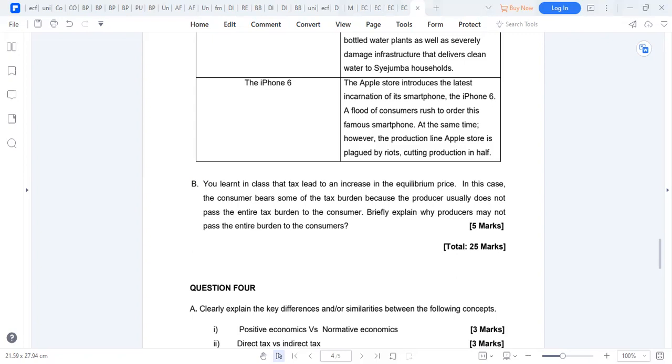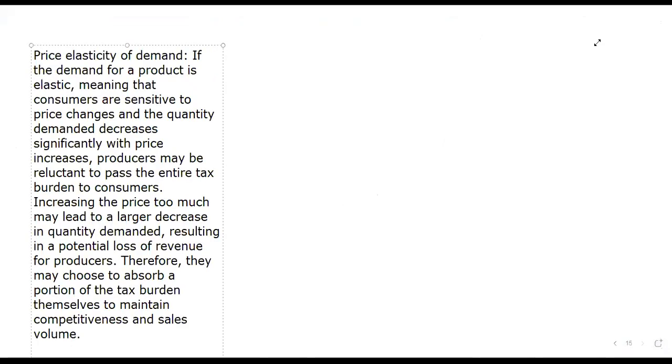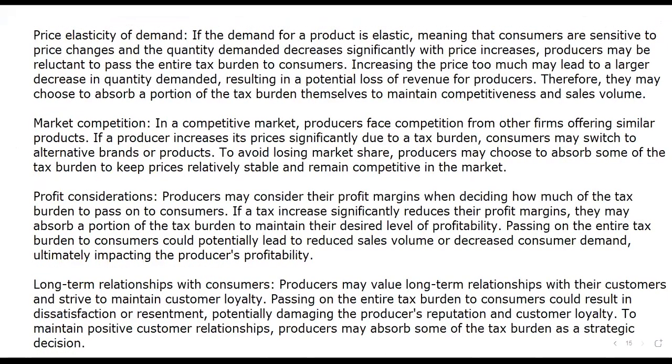So number one, it is because of what? Price elasticity of demand. Number two, because of the competition in the market. So how do I explain these? So this is the reason that you could give. Price elasticity of demand: if the demand for a particular product is elastic, meaning consumers are sensitive to it, increasing the price will make consumers reluctant to buy that particular product, especially if there is a close substitute.